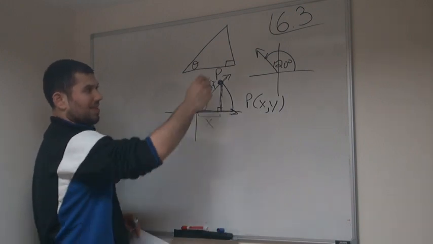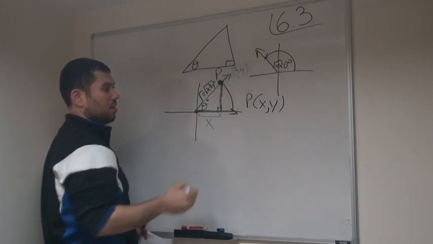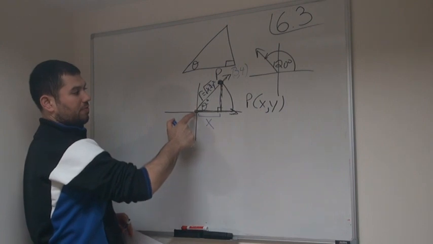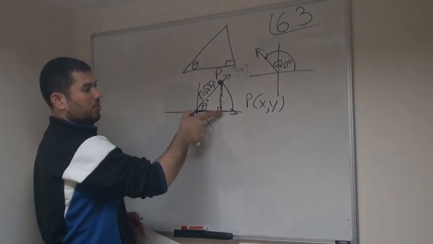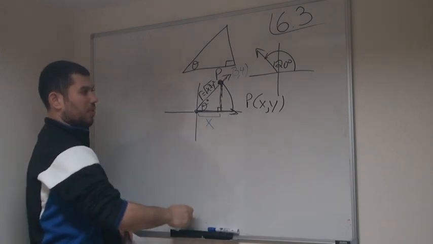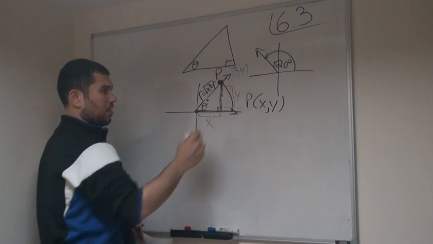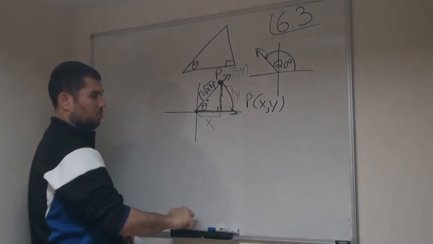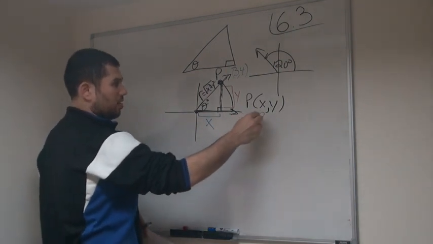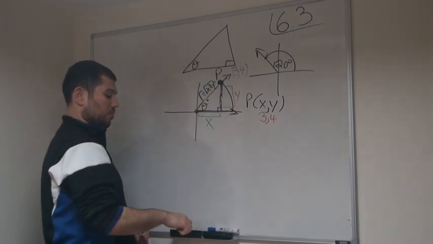So if this was a point, let's say a fake point 3, 4, then we know the only way to have gotten to this point 3, 4 from 0, 0 would have been to go 3 units out and 4 units up. So the x value would be a 3 in this case, and the y value of the point would be the vertical distance traveled, 4 units. So if I had a point 3, 4, then I moved across 3 units and up 4 units.